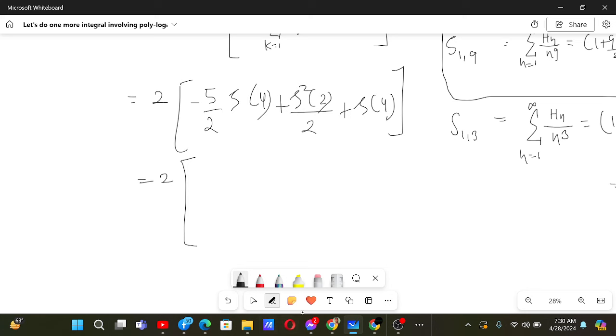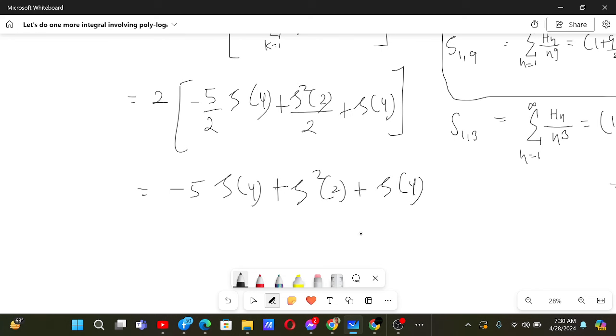First of all, let's multiply by 2. That gives us minus 5 Riemann zeta of 4 plus Riemann zeta square of 2, and then plus 2 Riemann zeta of 4. Now this is minus 3 Riemann zeta of 4 plus Riemann zeta square of 2.